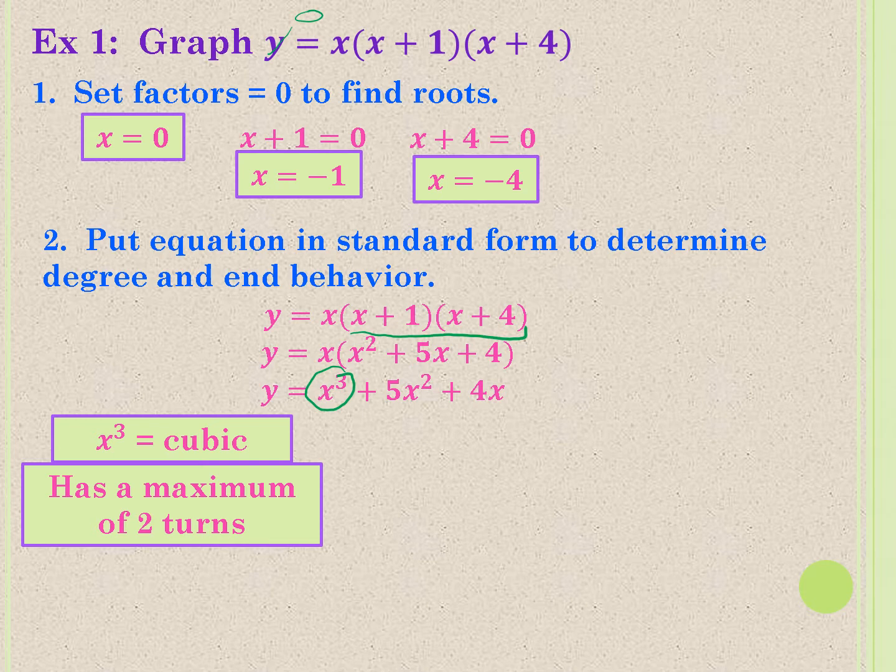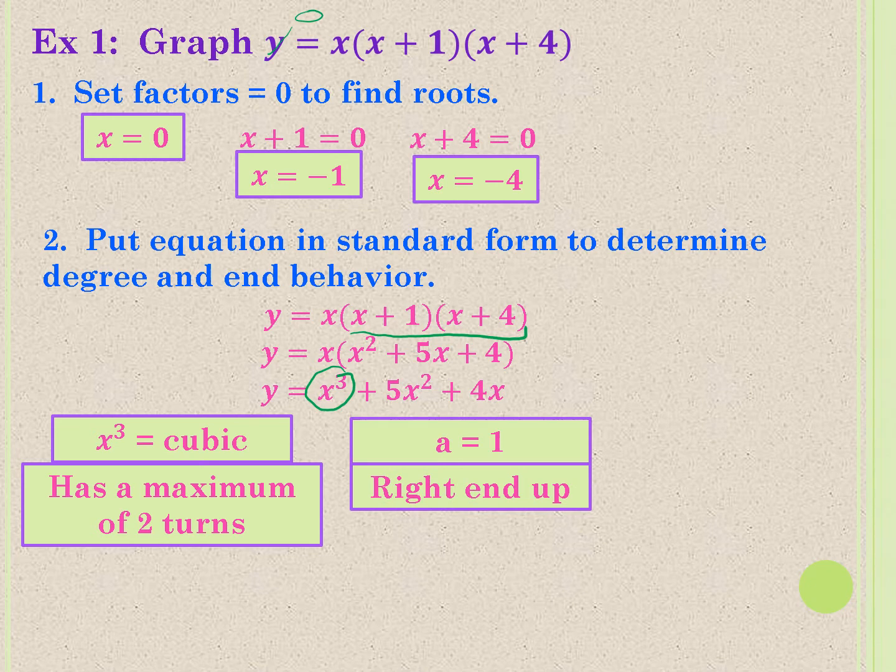So right end behavior is determined from the a. Well, a equals 1 in this case. So since it equals 1, that is positive. So since it's positive, right end is going to go up. So max of 2 turns, right end up.